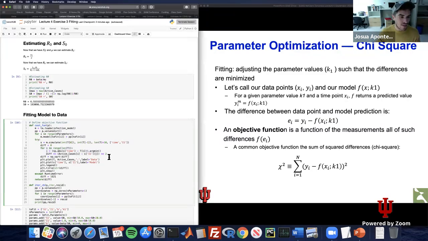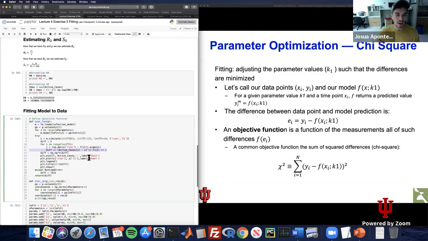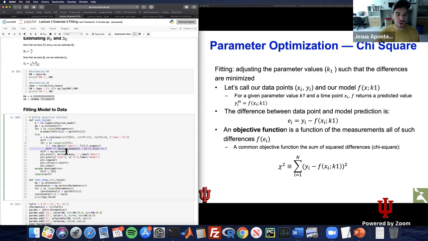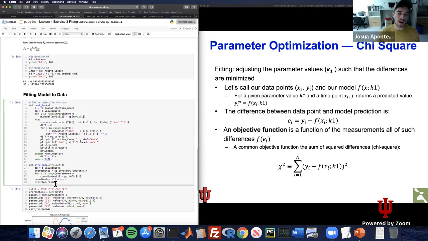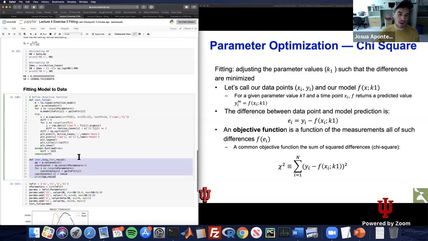But the idea here is that in line 12, I am computing the difference between my experimental data and my model prediction. And then this function returns that difference, the whole error between the model and the experimental data. We're going to ignore this for now. We'll come back to it later.